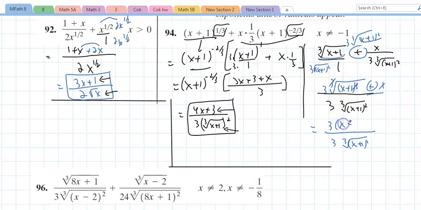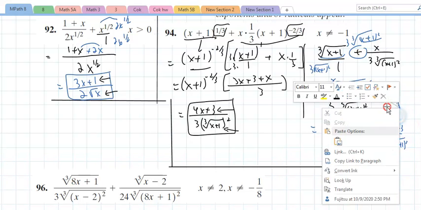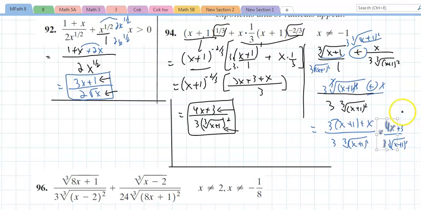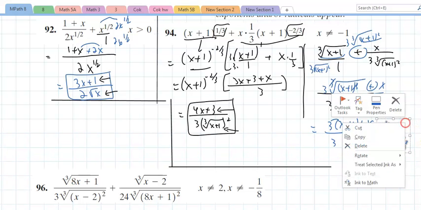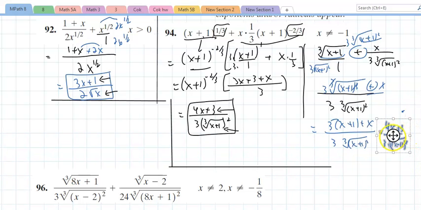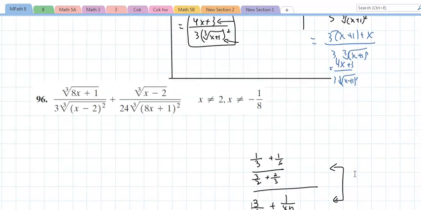I'm left with 3 times x plus 1 plus x, which in turn turns out to be 3x plus 3 plus x, is 4x plus 3 over 3 times the cube root of x plus 1 squared. There it is. Couple more of those and I'm done.